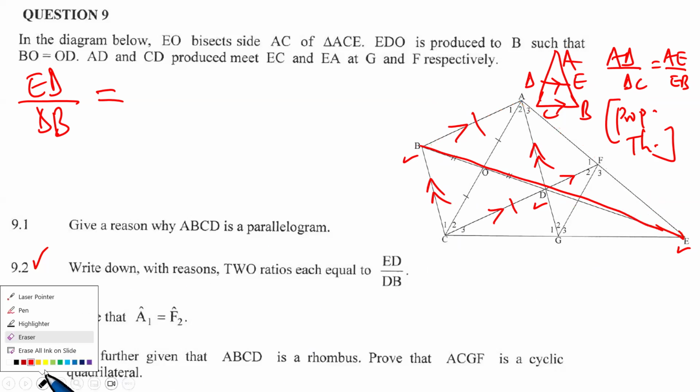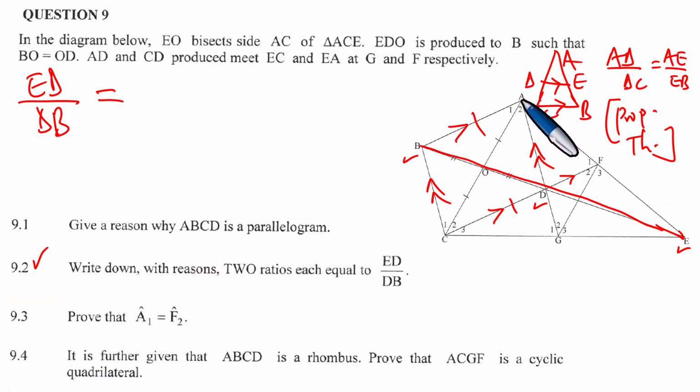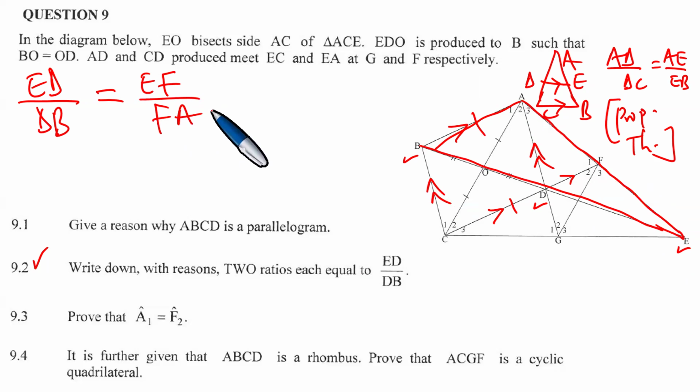Because now you're able to see that this one here, we can do this, and this one here, we can do this. So that we have EF. ED over DB is going to be EF, and when you say DB here, you say FA. Like this. And that is what we have.